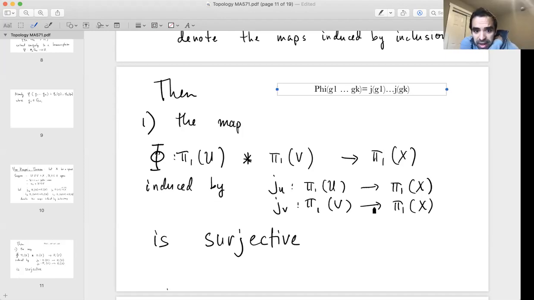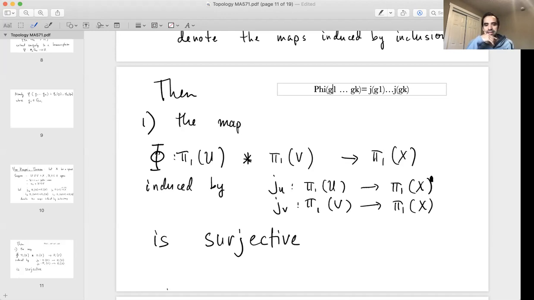Exactly. You can break it down into a word, namely a sequence of loops of this form, g_1 up to g_k, where each g_i is a loop in U or a loop in V based at x_0. The base point of all of these fundamental groups is x_0, right? Does that make sense? It's not completely straightforward to prove. Think about it.